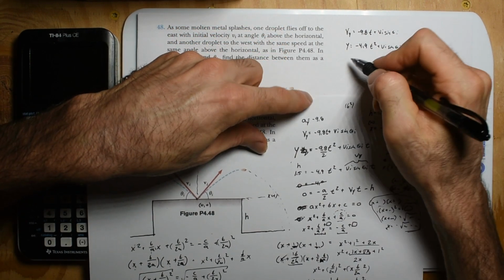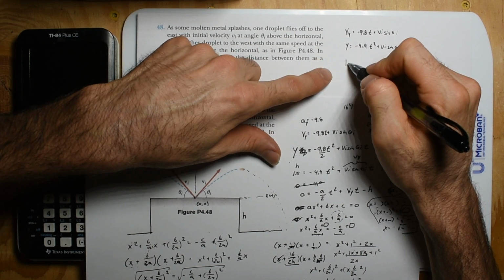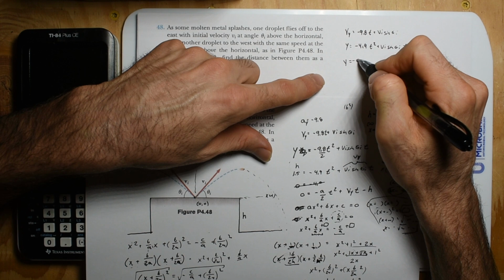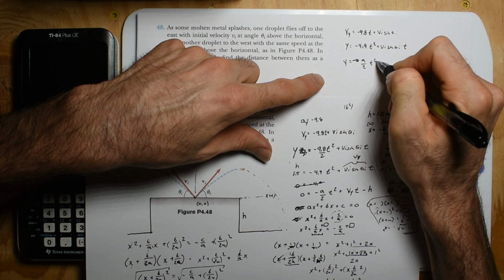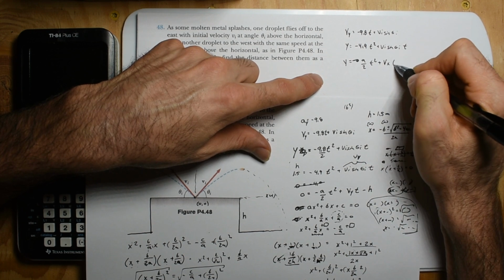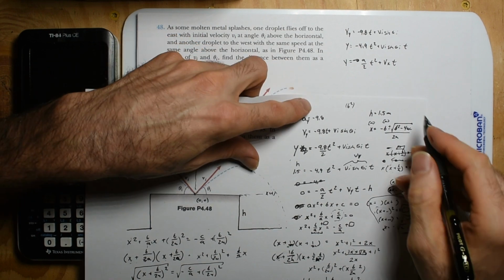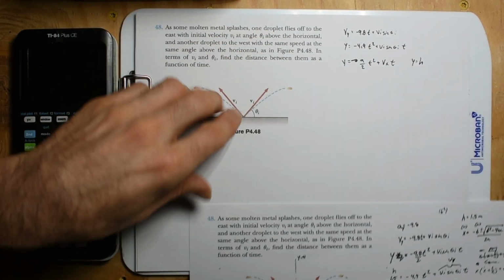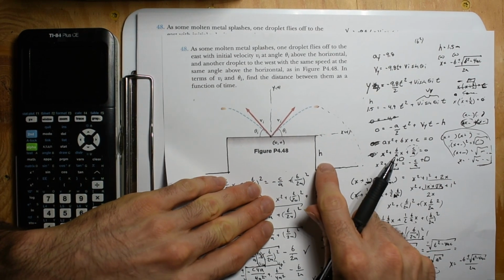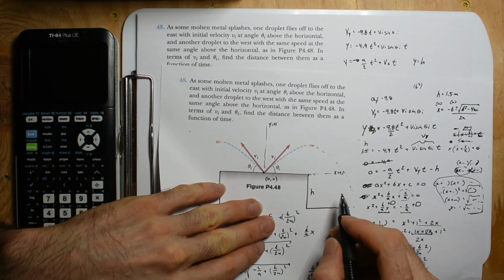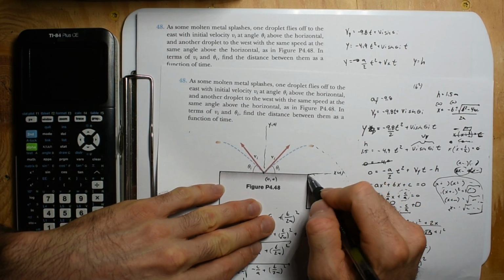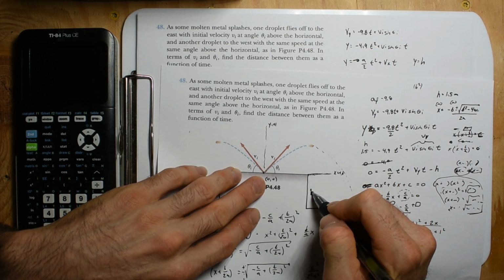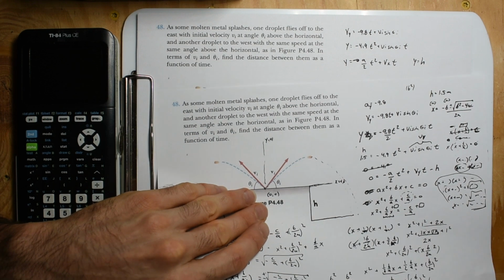And what we did was say that y is a divided by 2 t squared plus vxt, and then for our scenario where y is equal to h, and so here's h. This is a bummer because h is going to be a negative.